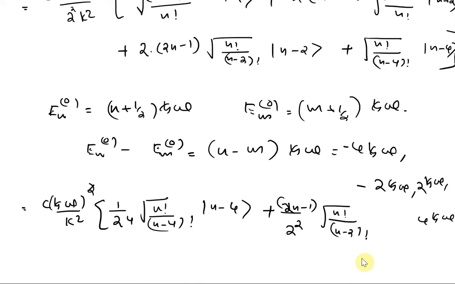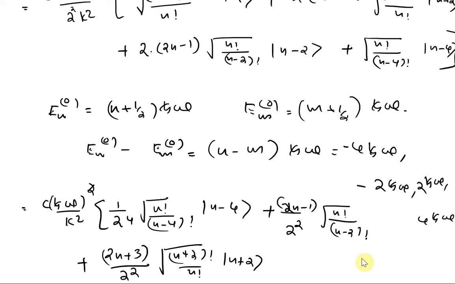Okay, another two terms. The first one is of a similar form, and exactly the same thing will happen for that. Only the thing is that 2n plus 3 is the coefficient coming here, and 2 raised to 2. This 2 raised to 2 will be coming inside, and another 2 will be cancelling, and this will be root n plus 2 factorial divided by n factorial. The state is nothing but n plus 2. This is not plus, it's minus.